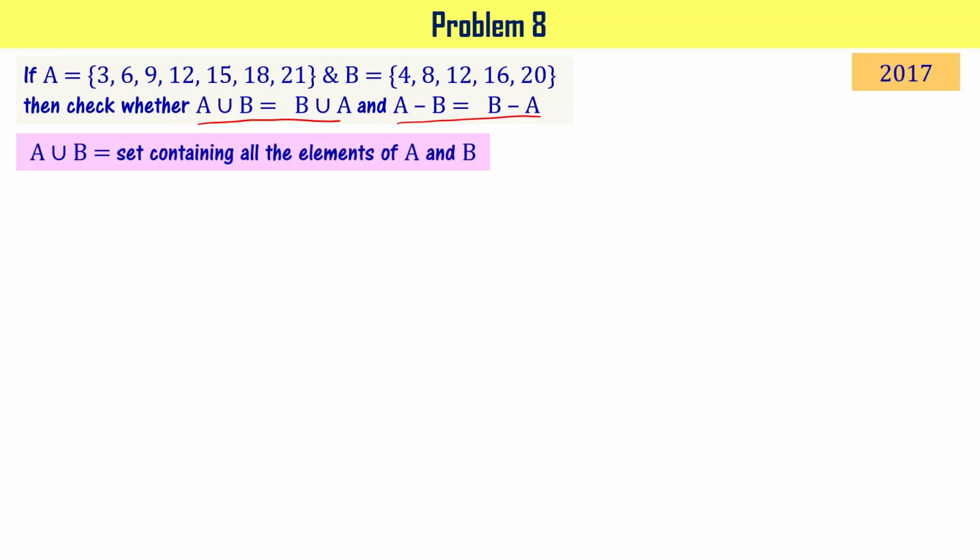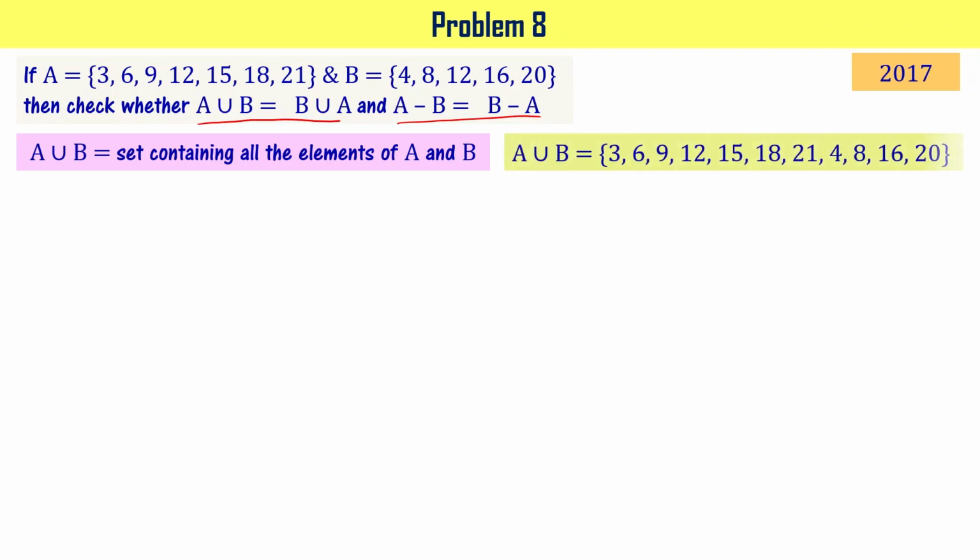A union B is the set containing all the elements of A and B. Let's write that. All the elements of A, 3, 6, 9, 12, 15, 18, and 21 are written first. Now, while including B, we'll be seeing whether there are any repeat elements. 4 is not there in A, means I can include. 8 is also not there, I can include. 12 I cannot include because 12 is already there in A, which is already included, right?